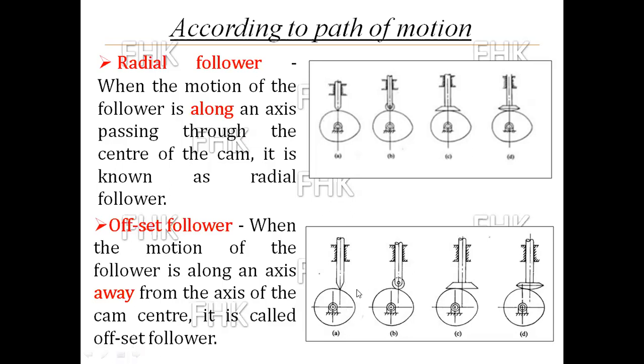In this figure you can see, in all types of follower, the axis of rotation and axis of motion of the follower is offset, having some distance between two lines. At that time this follower is called an offset follower.